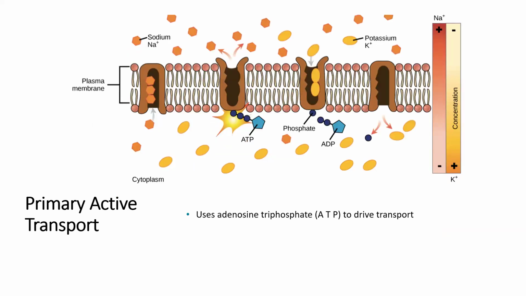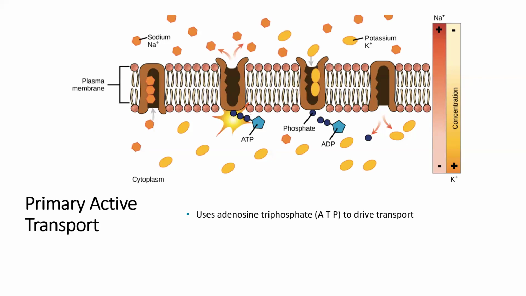And several of these systems are going to use ATP, like in your different primary active transport systems. And so what that means is that you actually need to have produced ATP to fuel this.